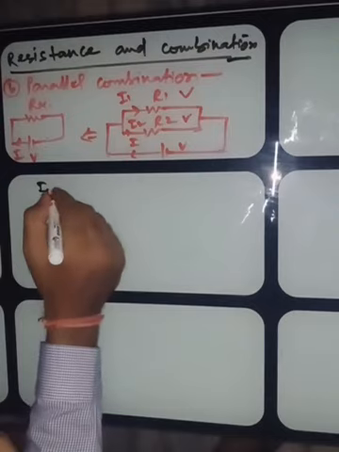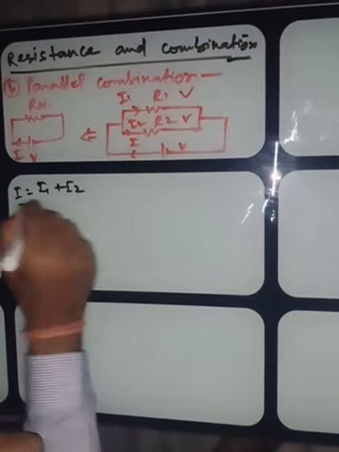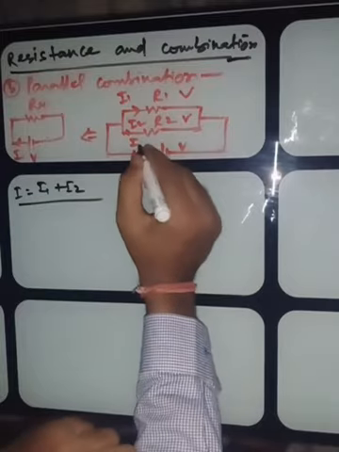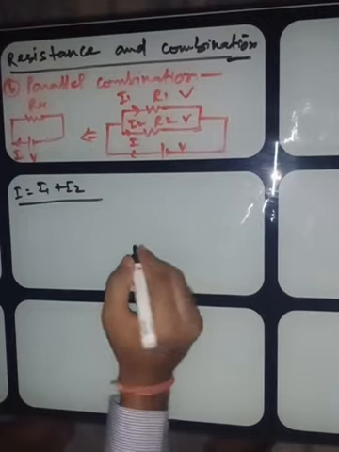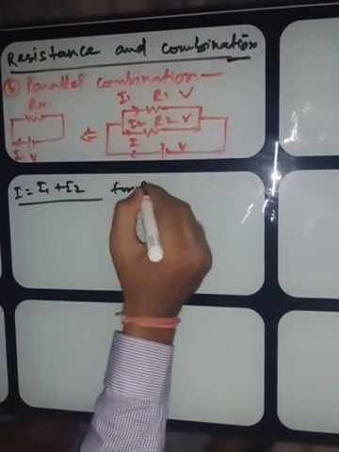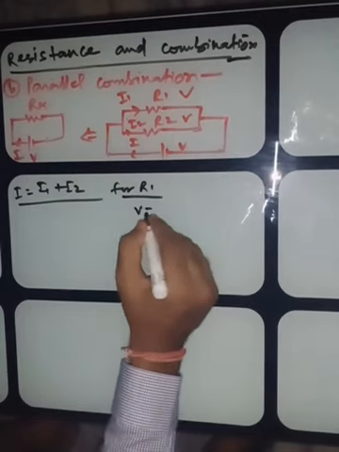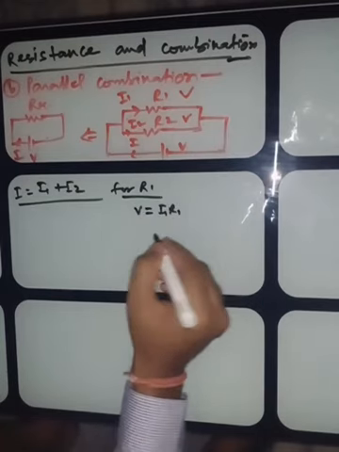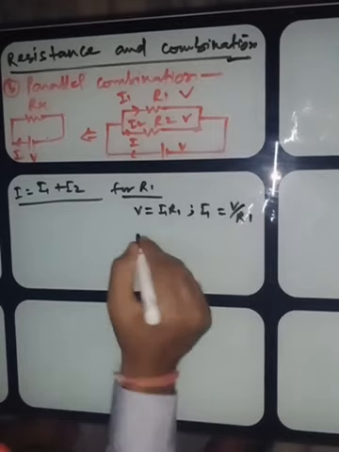Now my dear student, remember this: I is I1 plus I2. Here current is breaking into two parts. This I is the sum of I1 plus I2. For R1, you can write the voltage V equals I1 R1, or I1 equals V by R1.